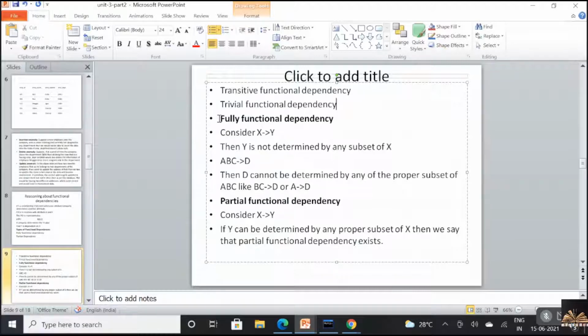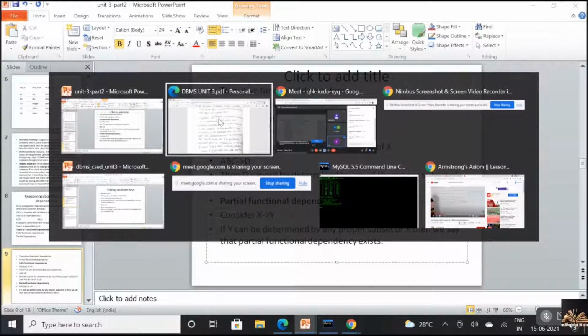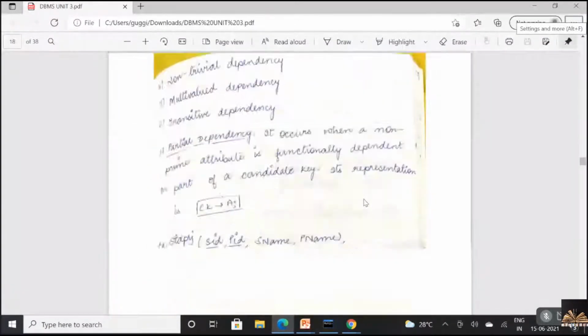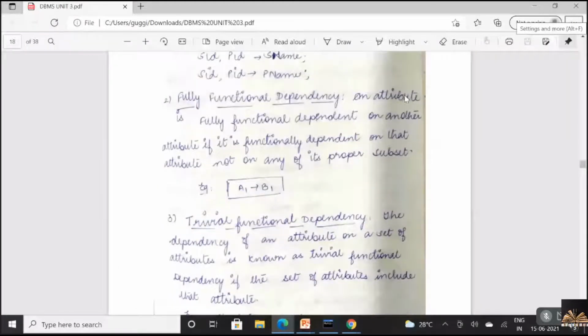Now, what do you mean by fully functional dependency? Just try to see the definition.